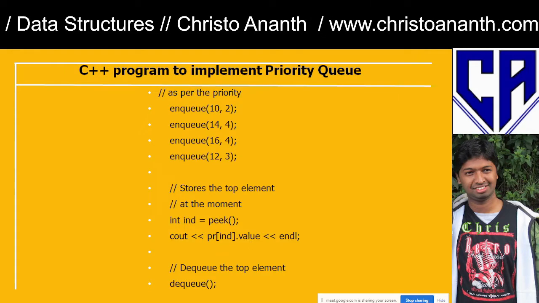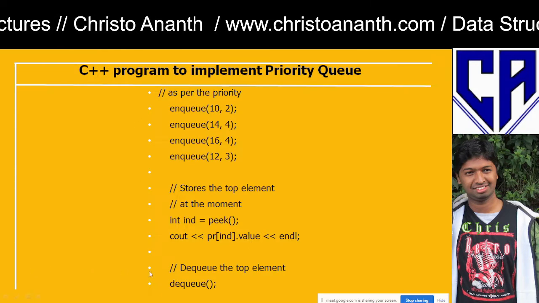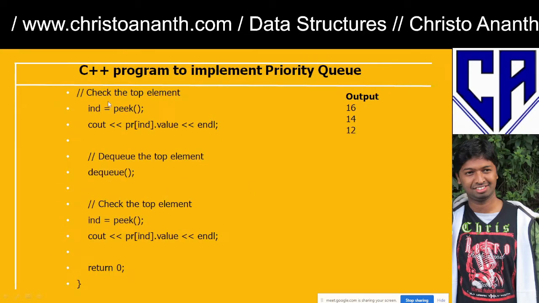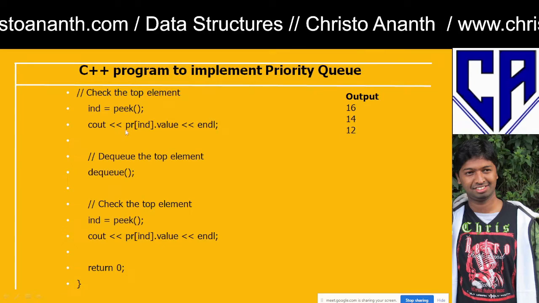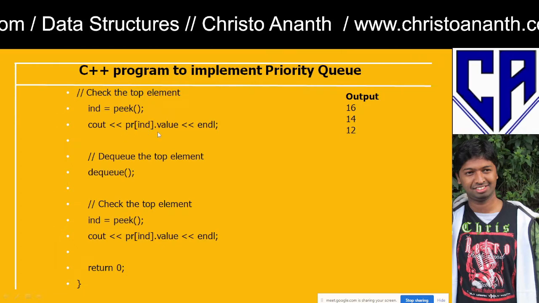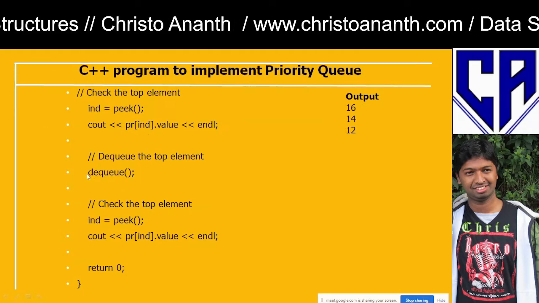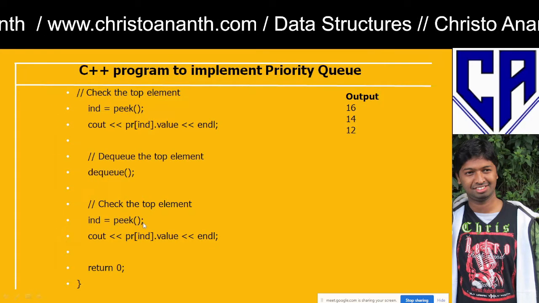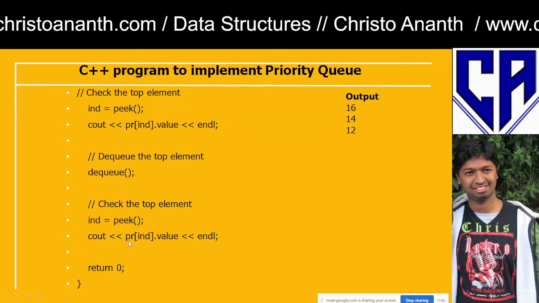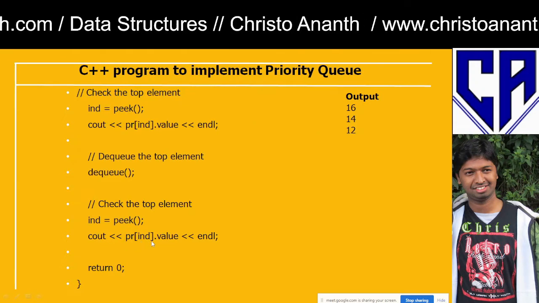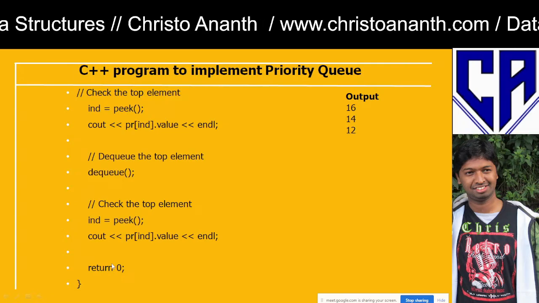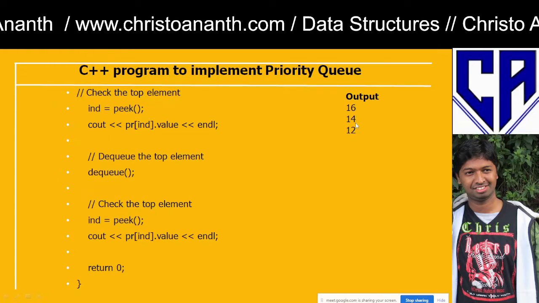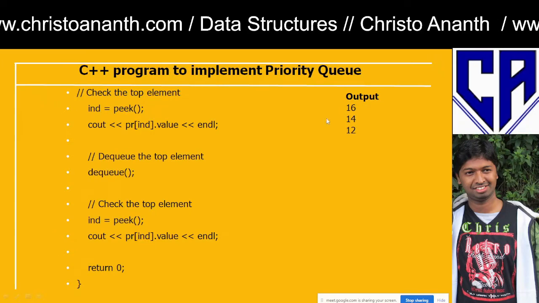Then you dequeue the top element, dequeue operation. Then you check for the top element, int ind equal to peek, cout pr[ind].value, and then dequeue the top element again. Check for the top element, int ind equal to peek function. Finally, you print cout pr[ind].value and then return 0. So the output starts with maybe 16, then 14, and then 12 as well.